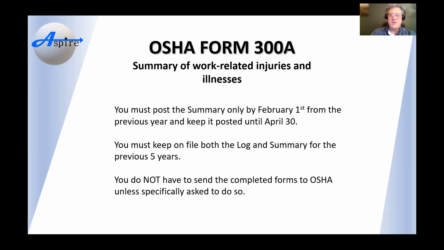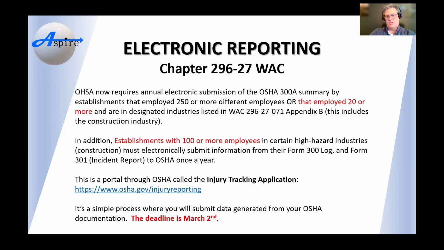This is different from electronic submission, and I apologize for this slide being wordy, but again, you'll have a copy of this presentation so you can go back on this. But remember how we said the minimum threshold limit to maintain documentation is 10 or more?